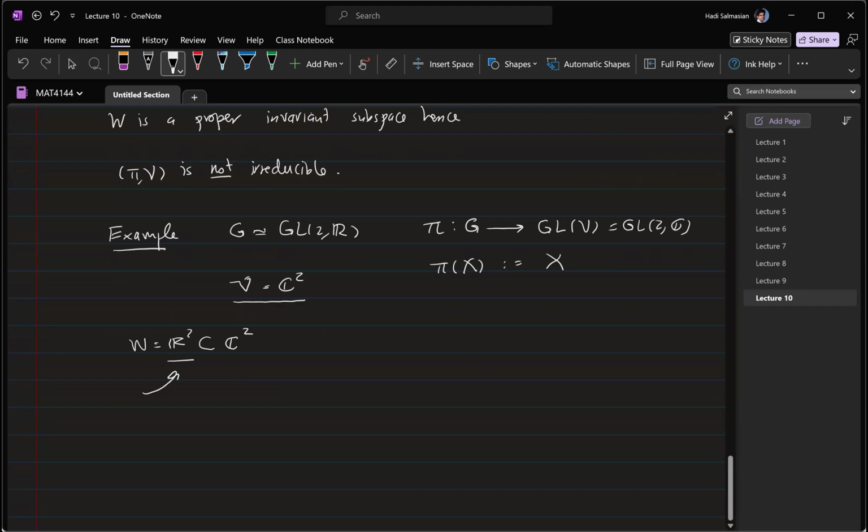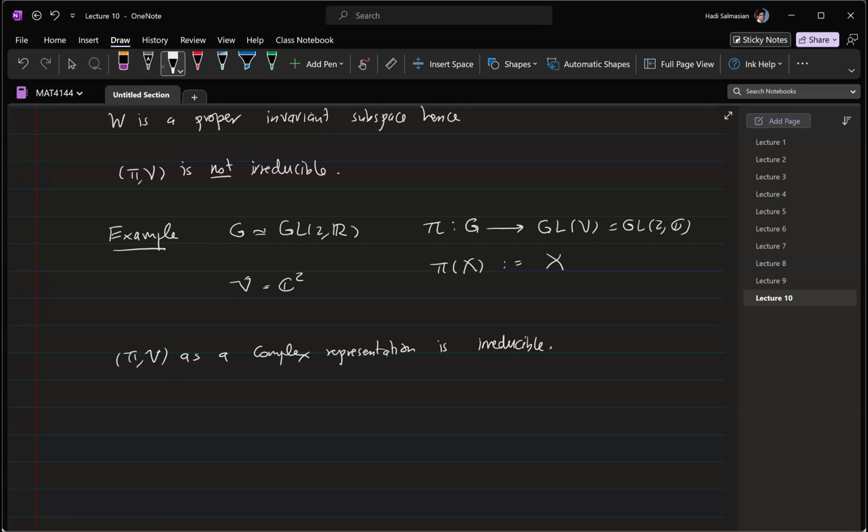So in other words, pi V as a complex representation is irreducible. It's not difficult to see that that's the case. The only complex subspaces that are kept invariant by this GL2R are zero and everything. There is no one-dimensional subspace that's invariant. If such a subspace existed, it means all real matrices have a common eigenvector, which is nonsense.